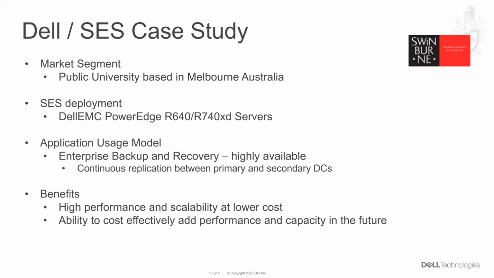High performance and scalability were key components, as well as lower cost. Obviously these are very cost-effective deployments for the sheer capacity that we're deploying here, and they've expanded that since the original deployment.